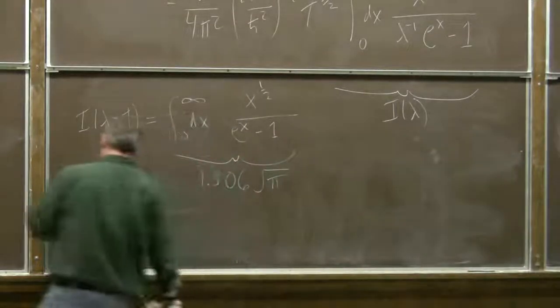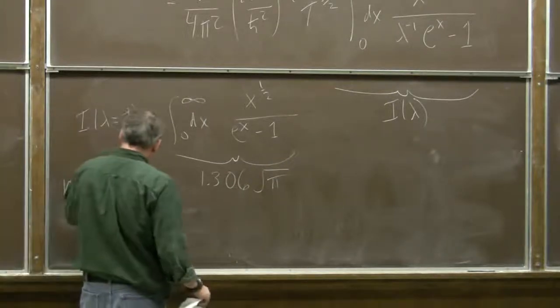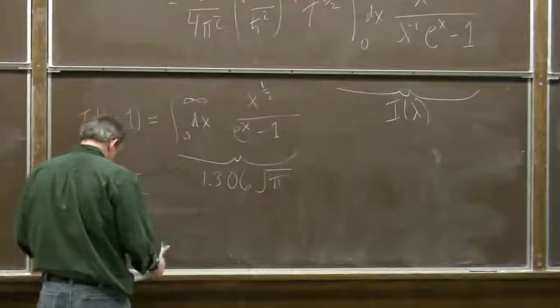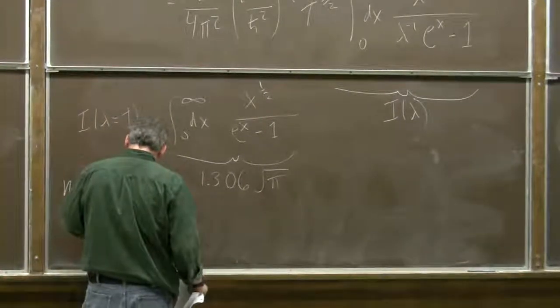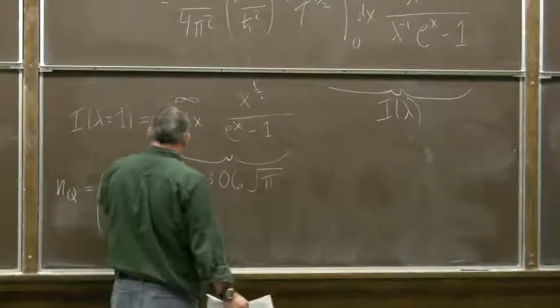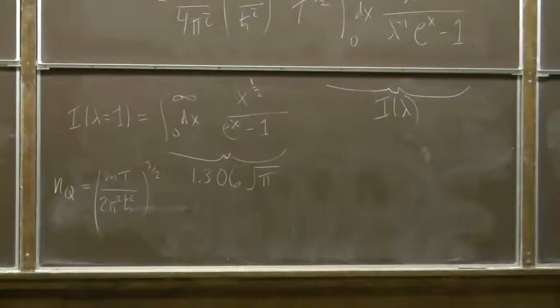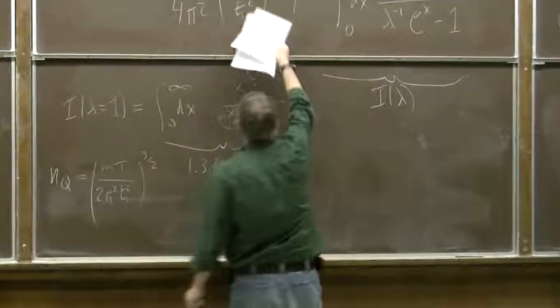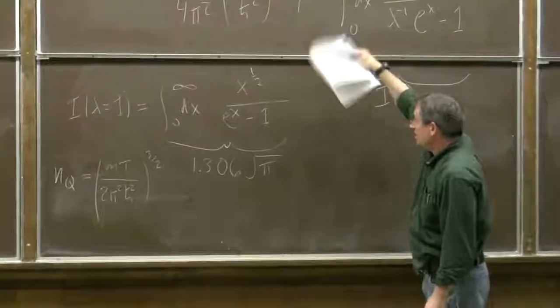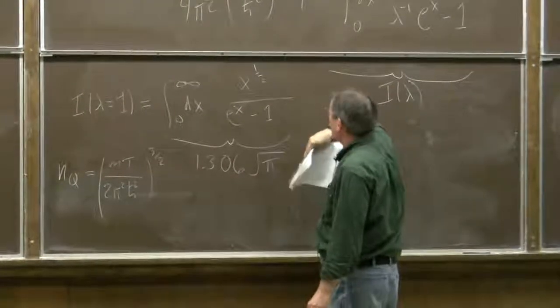So remember, the quantum concentration we have defined as mass times temperature divided by 2 pi h bar squared, to the 3/2. And I pretty much got that here because I've got a mass to the 3/2 and a tau to the 3/2 and an h bar squared to the minus 3/2.